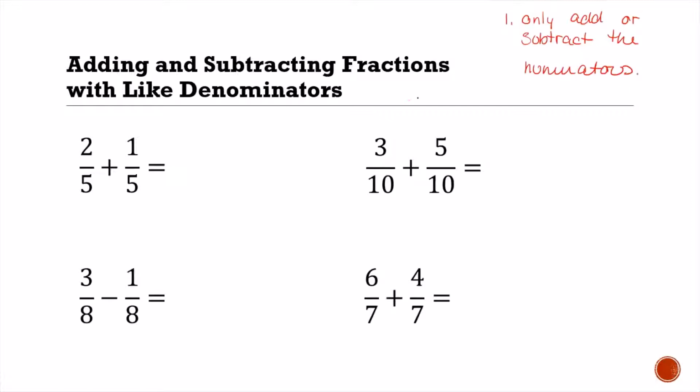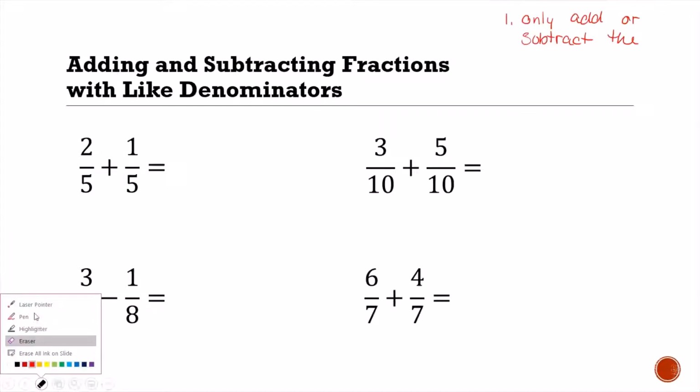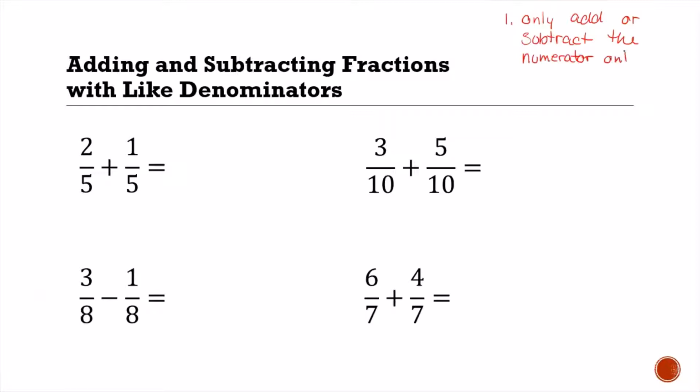Excuse my writing, that's absolutely horrendous. I'll see if I can make that a little bit more legible. So we're only going to add and subtract the numerators as long as the denominators are constant. We only add and subtract the numerator.